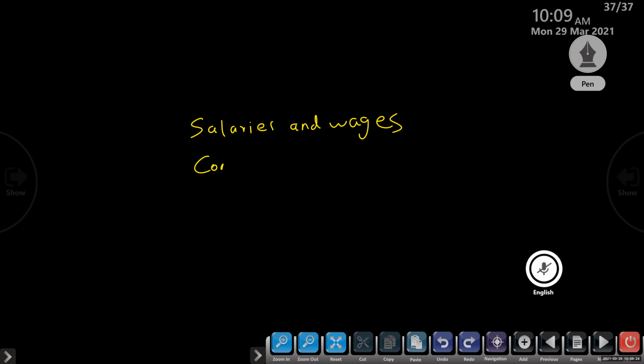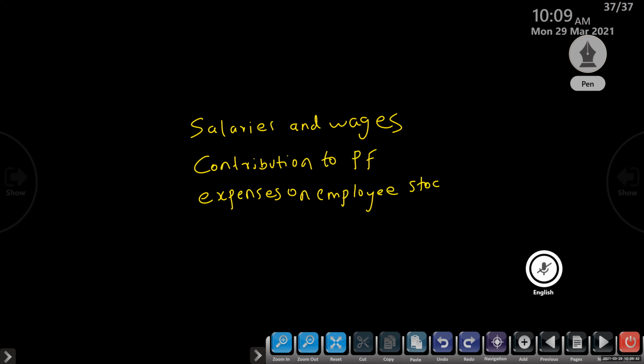Then contribution to PF, Provident Fund, the employee contribution only. Then expenses on employee stock option plan, ESOP, where they offer shares to the employees.